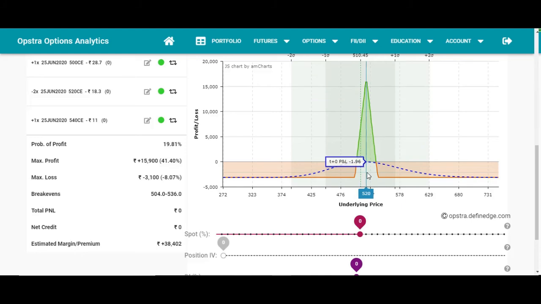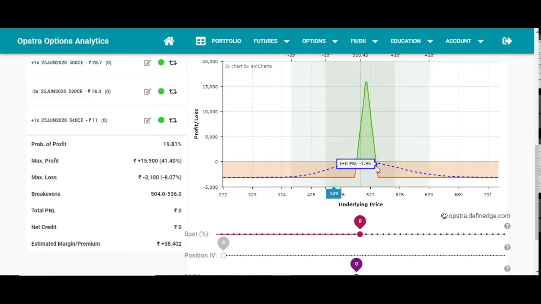As we have seen that the stock is bullish, we'll have the lower break even at 504, and as the resistance level is at 539, we'll have the upper break even at 536. If the stock moves anywhere between 504 and 536, we'll be in profit.